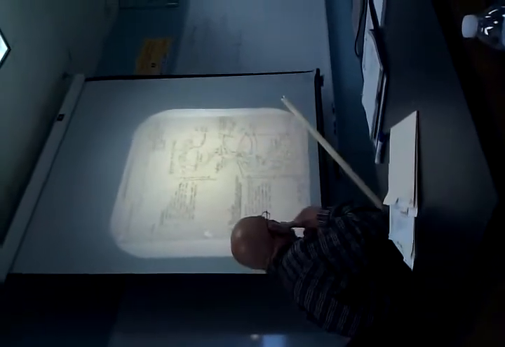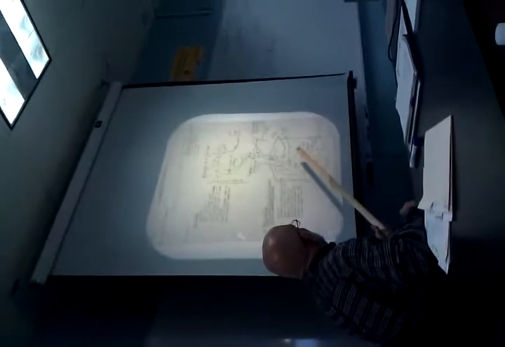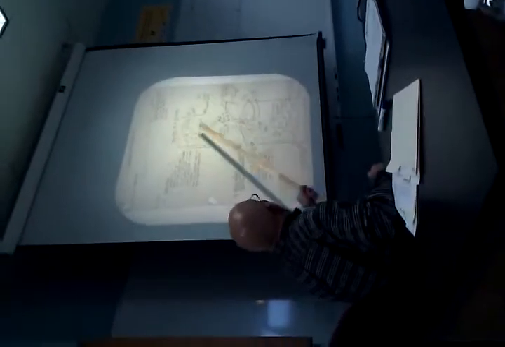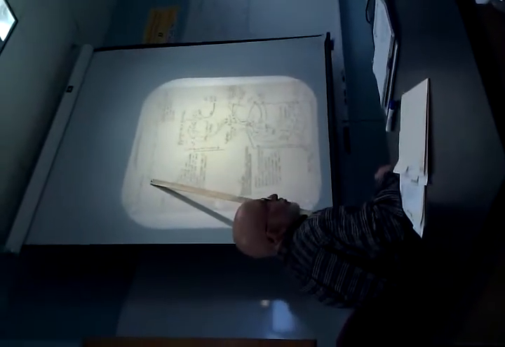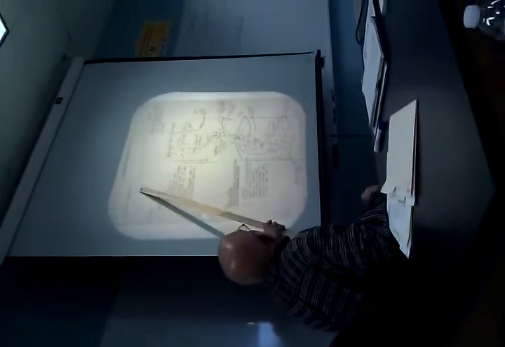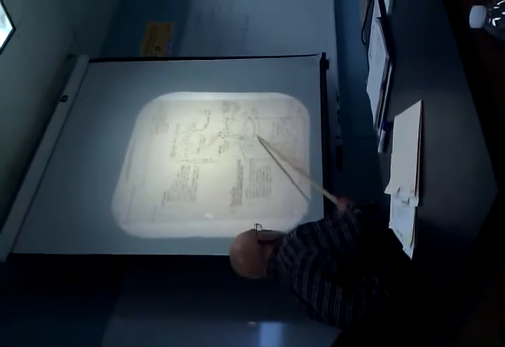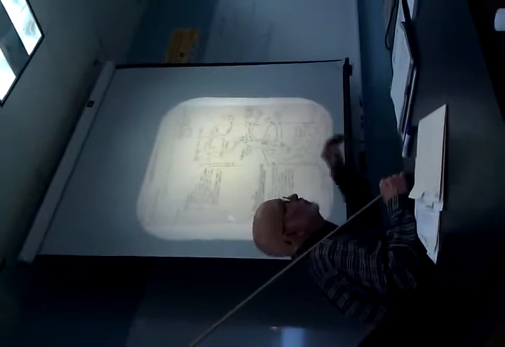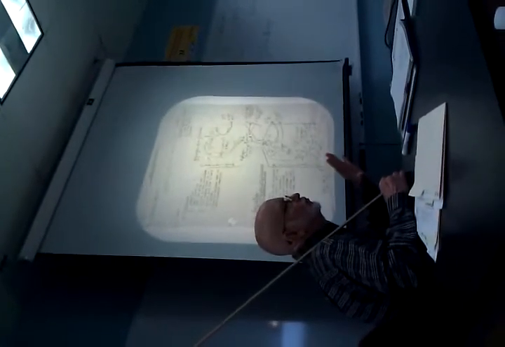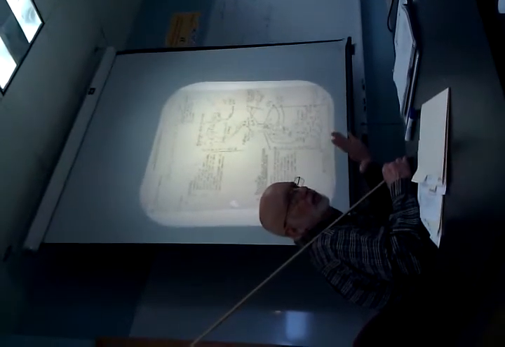All right? The Krebs cycle makes 2 turns per glucose processed. So if you processed 1,000 glucose molecules through the Krebs cycle, you would have 2,000 turns of the Krebs cycle.